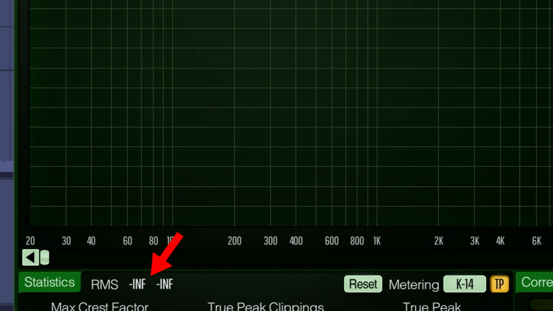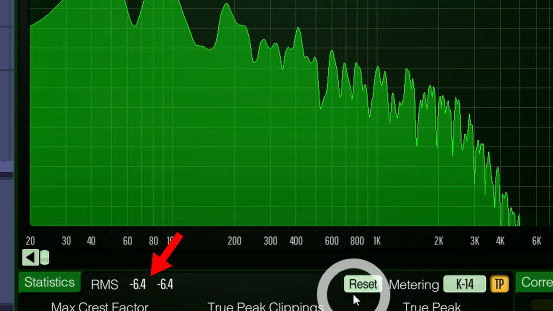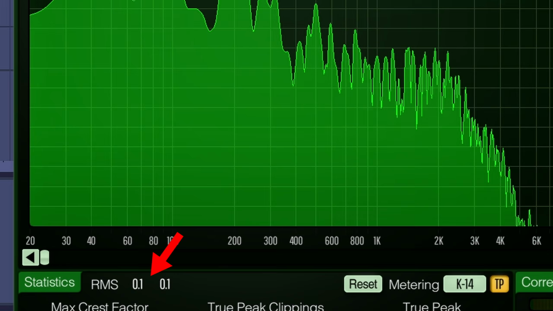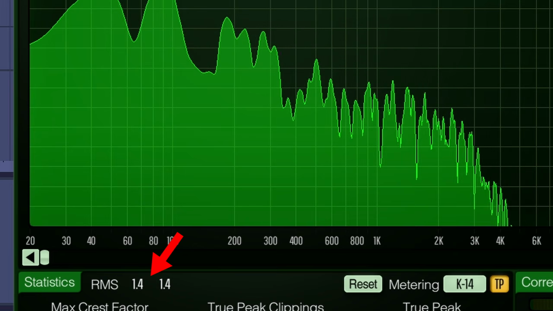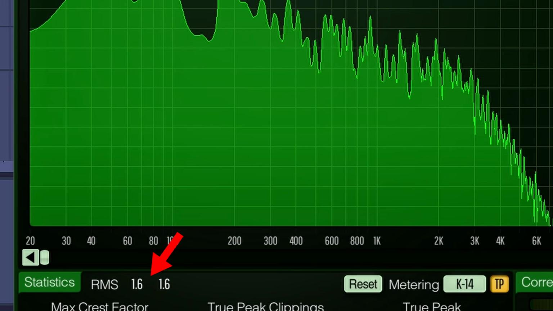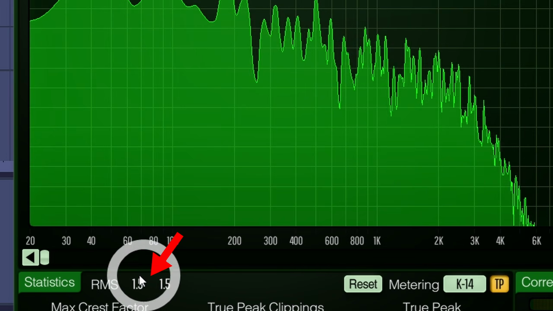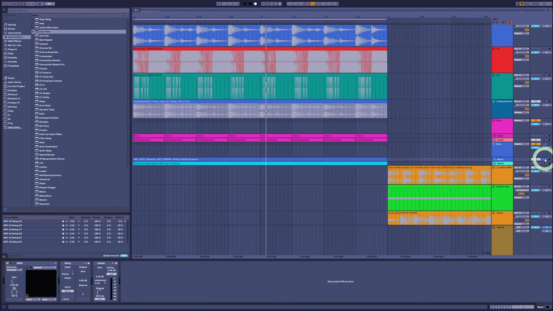Bass 1 reads as... I'm going to let it settle. Okay, so that's settled on an average of 1.5. Bass 2.